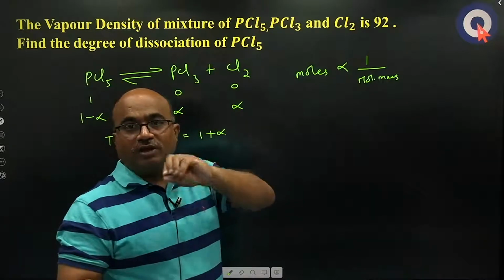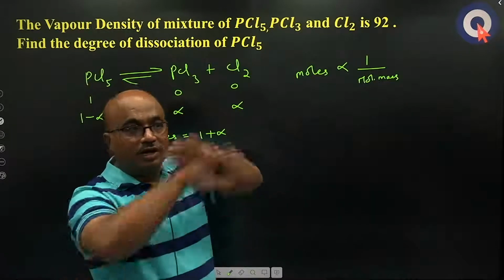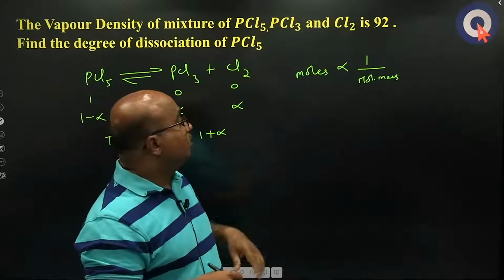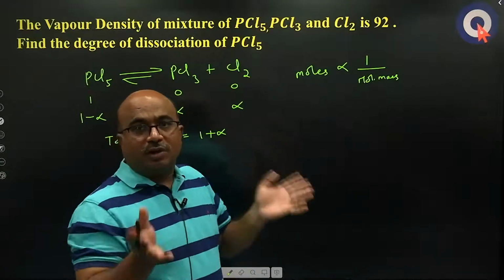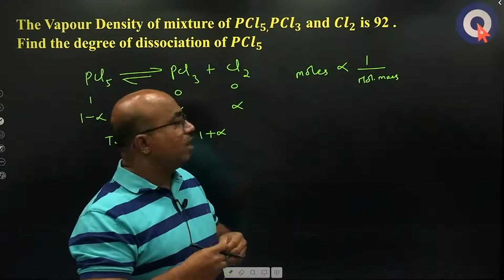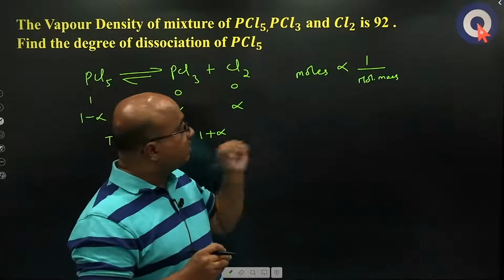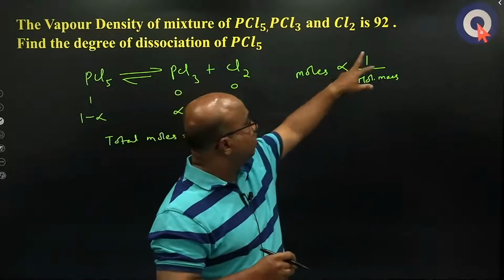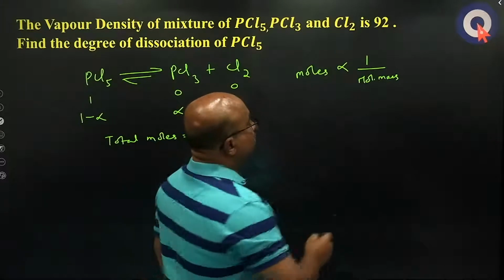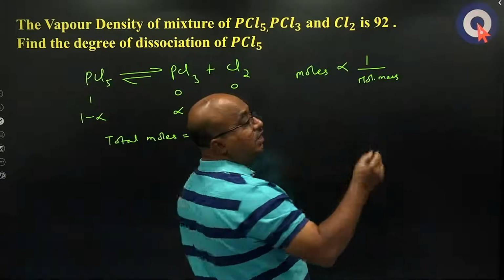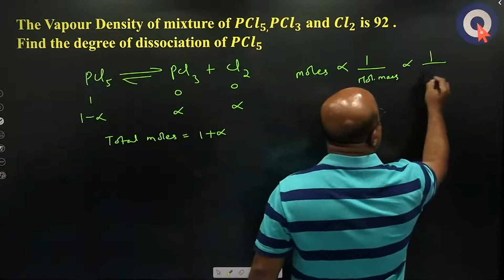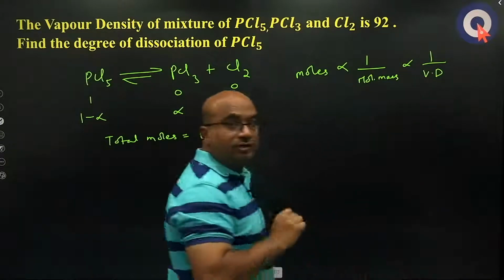So we have to do such reactions always in closed vessels only. When closed vessels are there, mass is not lost, so weight is conserved. So we say moles are inversely proportional to molecular mass, but molecular mass and vapor densities are directly proportional. So it is also inversely proportional to vapor density.